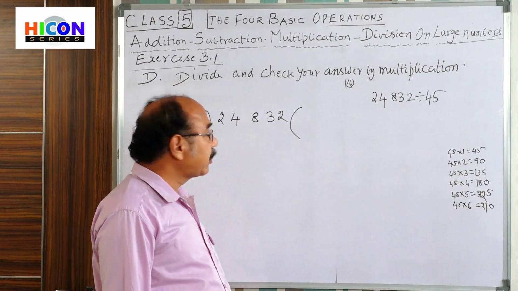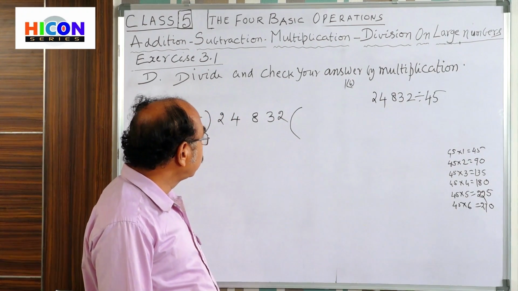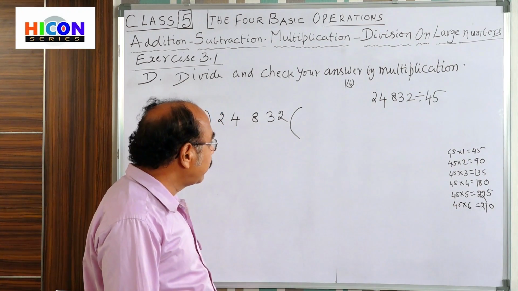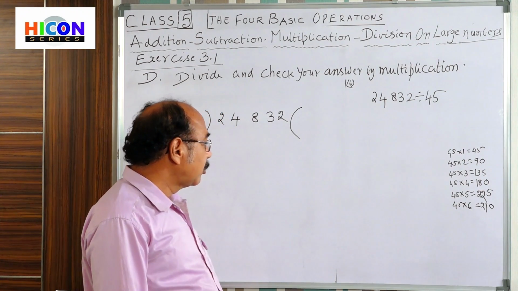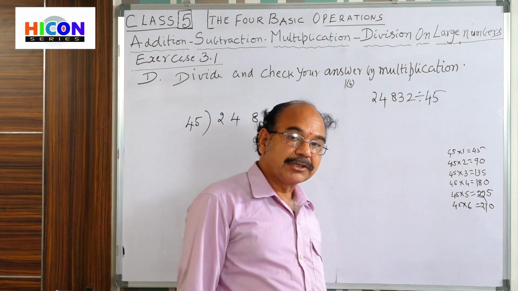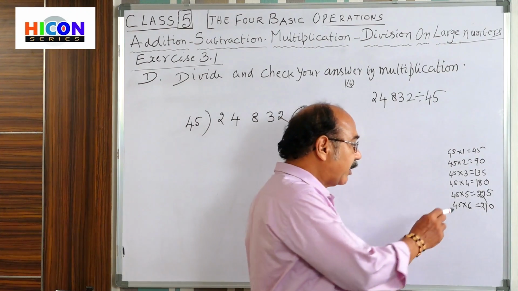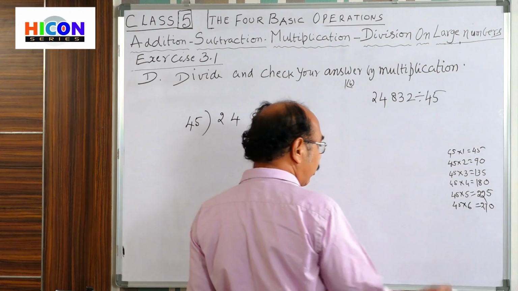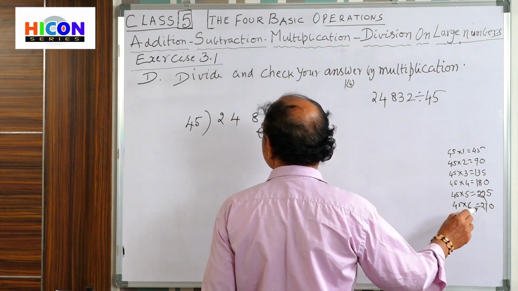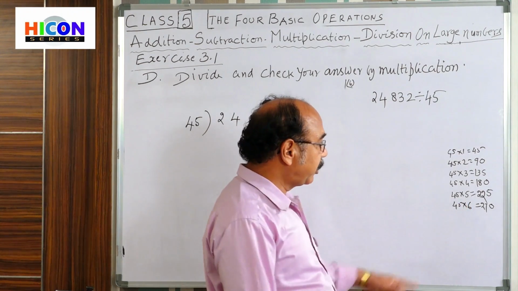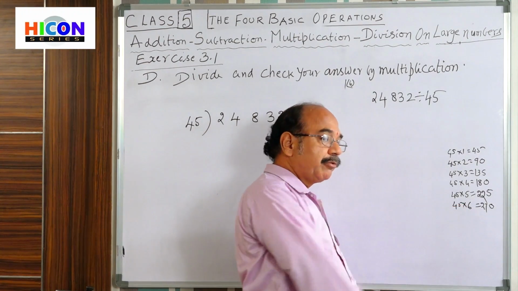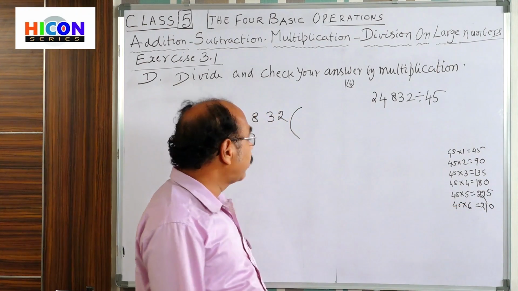Now in 248, how many times can 45 divide? 5 times or 6 times? 5 times means 225, which is less. 6 times means 270, more than 248.